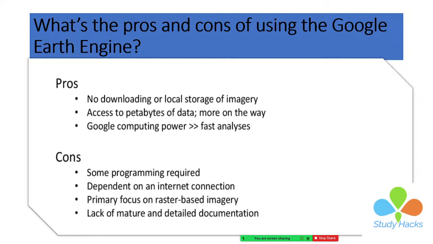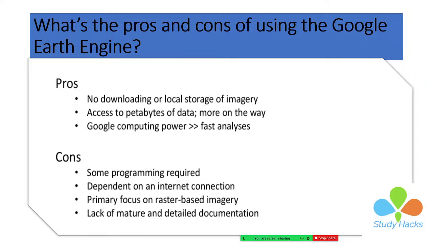We can easily write the code, access the Landsat imagery and work with it. Then we can easily access petabytes of data or more on the way. Suppose you want to make a land cover classification map for the whole of India; you can get all of the data at one time and work with it.